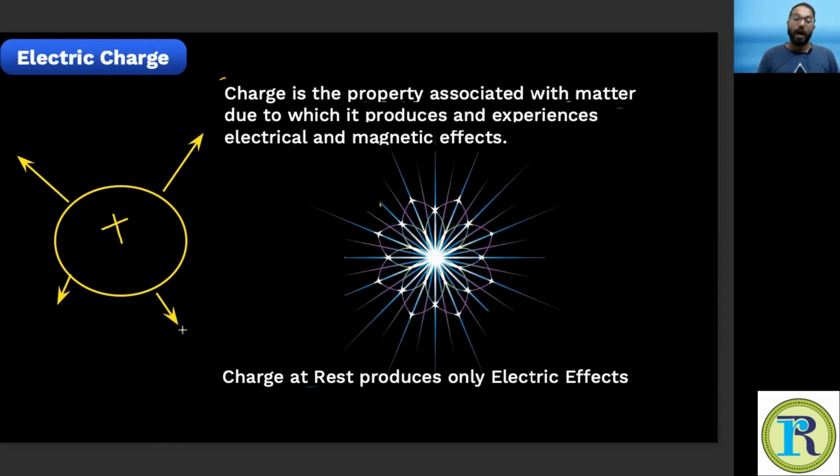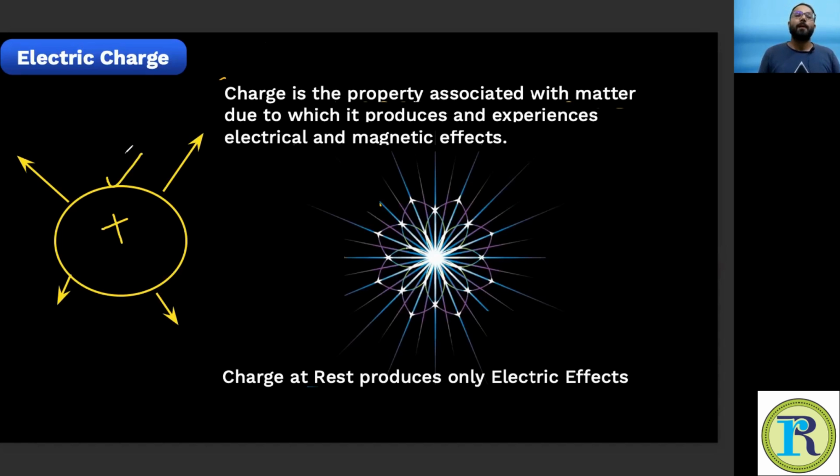We can say this based on a number of experiments we have done. Most of you know the property of charges: like charges repel each other, and unlike charges attract each other. That property is because of this electric field. We will talk about it later, very deeply. Don't worry.